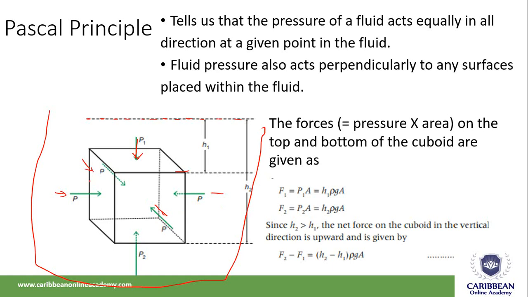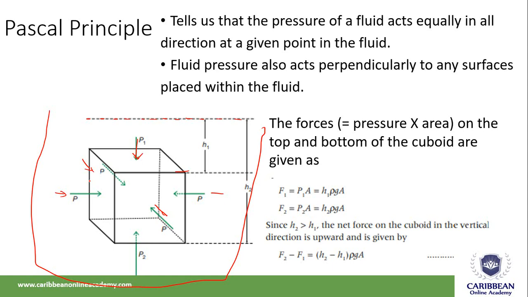So all those side areas will have the same pressure because pressure is height related. Those sides, the height is not being changed, right? So that's the reason why the pressure at those points are equal.